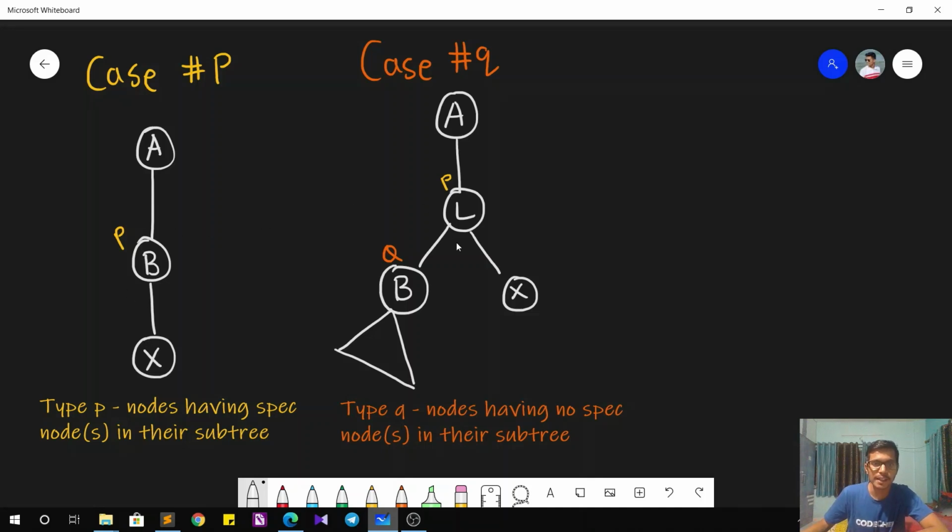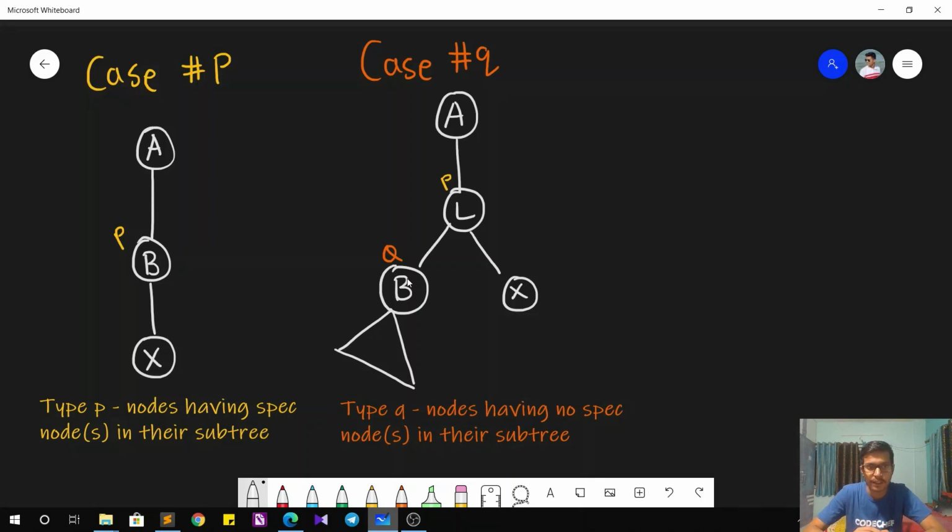But on the right hand side, you can see that this B node is of type Q because there are no special nodes in the subtree. But the ancestor, that is L, is a node of type P because L has X in its subtree, but B does not have any special node in its subtree.